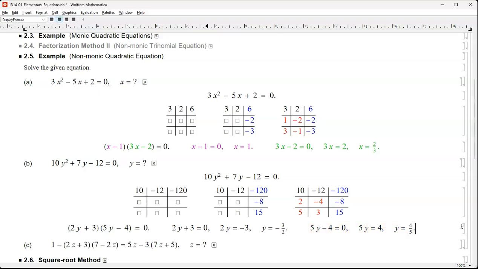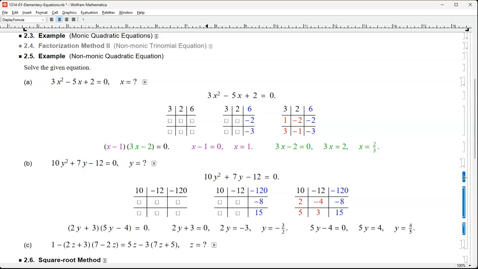So this kind of factorization method is called the tic-tac-toe method for quadratic equations. And if you look up YouTube, you'll be able to find 24 of those. And please beware, there are some variations of those. There are several versions of the same tic-tac-toe method, so they can be a little bit confusing.